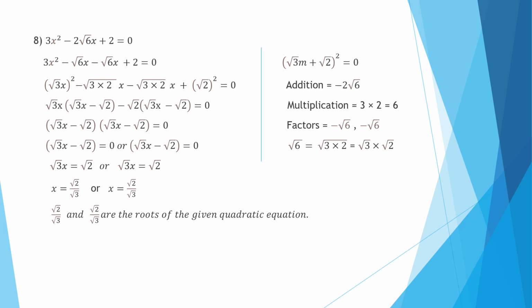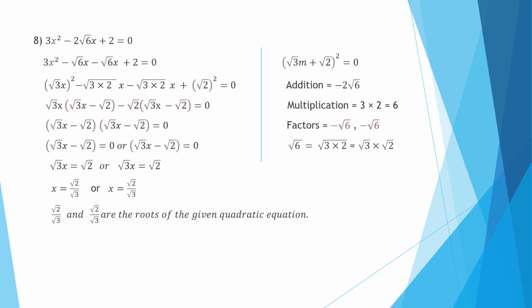So these factors are minus root 6 and minus root 6. Root 6 is equal to root of 3 into 2. We can write root 6 is equal to root 3 into root 2. So we write here root 3x whole bracket square minus root of 3 into 2x minus root of 3 into 2x plus root 2 square is equal to 0.